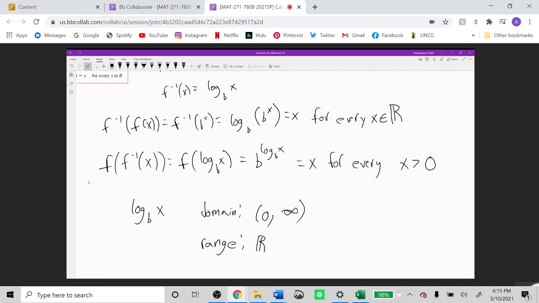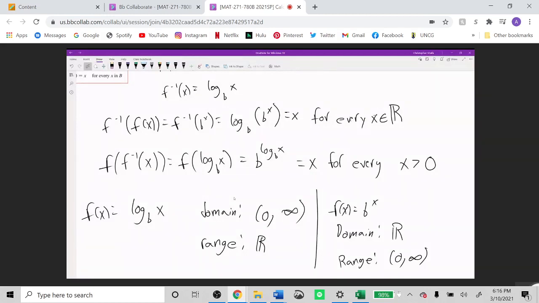And this should make sense because of the domain of b to the x. So let's say f of x equals this, the domain of b to the x is all real numbers, and the range of b to the x is 0 to infinity.